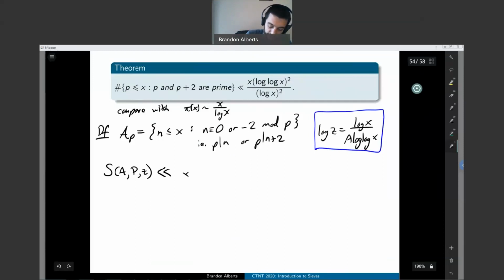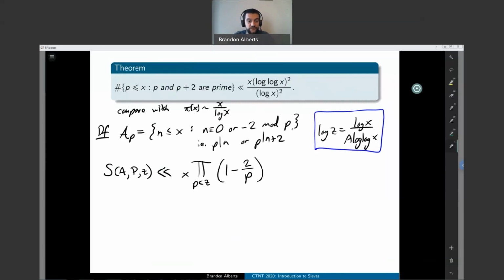So this is bounded above by x times the product over p less than z of 1 minus 2 over p, where now we have to say 2 because we have 2 bad residue classes for every prime p.